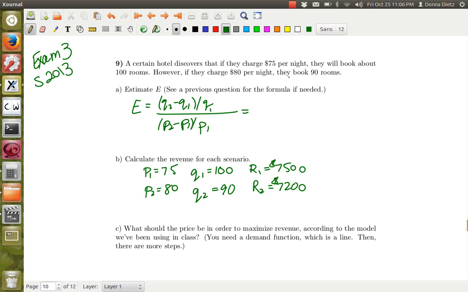Okay, so Q2 minus Q1, again, I know what the signs are doing, so I'm just going to ignore them. So it's 10 over 100 divided by 5 over 75. Well, that's just 1/10. And then what's 5 divided by 75?